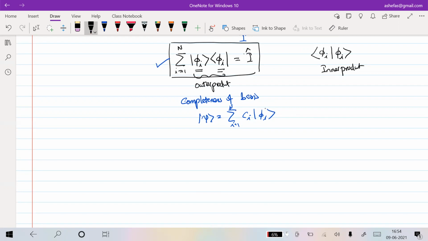Triangle inequality is not required. So that I am giving as an assignment to you. So the assignment: Schwarz inequality and triangle inequality.